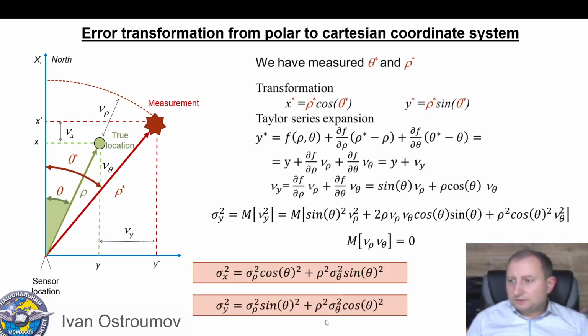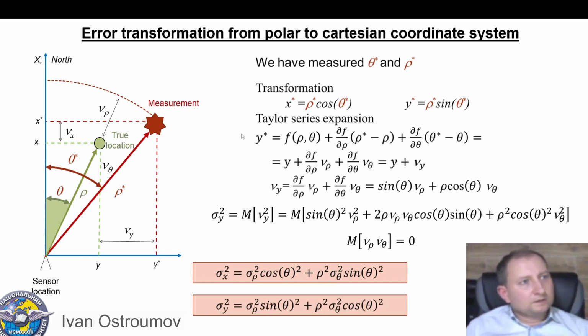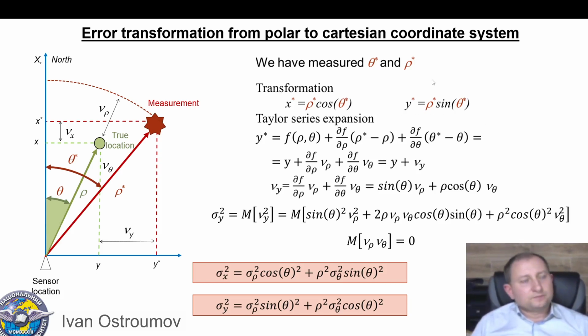The same we can do for y coordinate. To do that, we just need to apply the next equation for coordinate transformation. That's why we can write y. Y value is equal to the same.